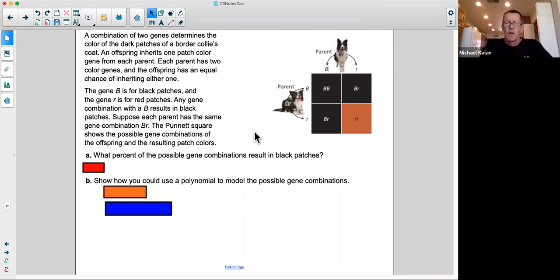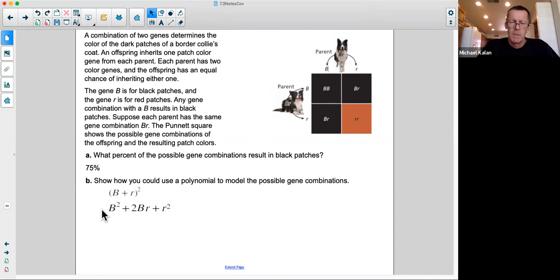So what percent of the possible combinations result in black patches? What would you say? 75%, 1, 2, 3 out of 4, right? Show how you could use a polynomial to model the possible gene combinations. Well, wouldn't this just be B plus r, quantity squared, which comes out to B squared plus 2rB or 2Br, whatever, plus r squared.